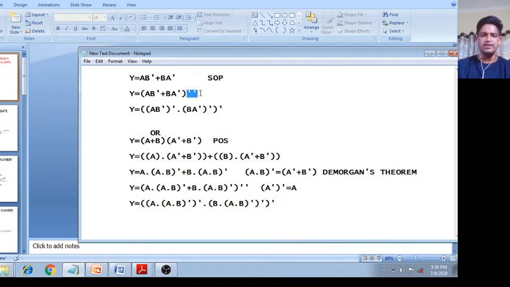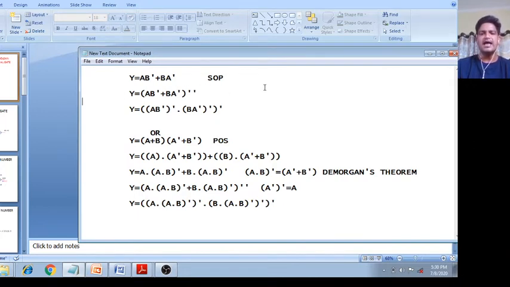So I am taking a double complement. You know A double dash equal to A, so the expression will remain the same. So A B dash plus B A dash, I am taking the whole complement. This is nothing, A double bar equal to A. Now you can apply De Morgan's theorem.